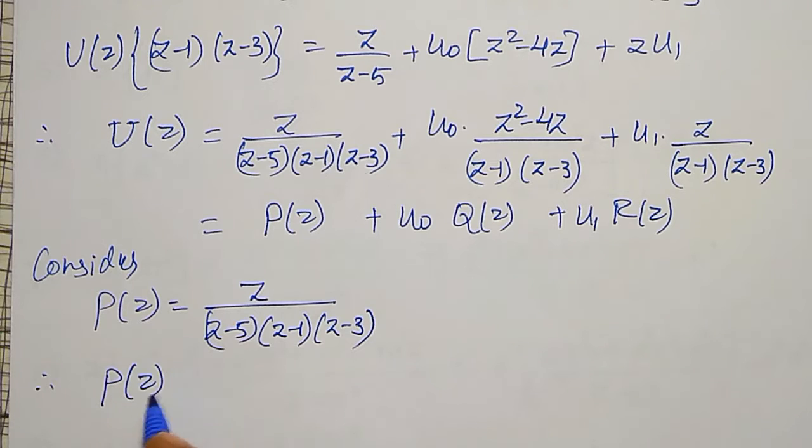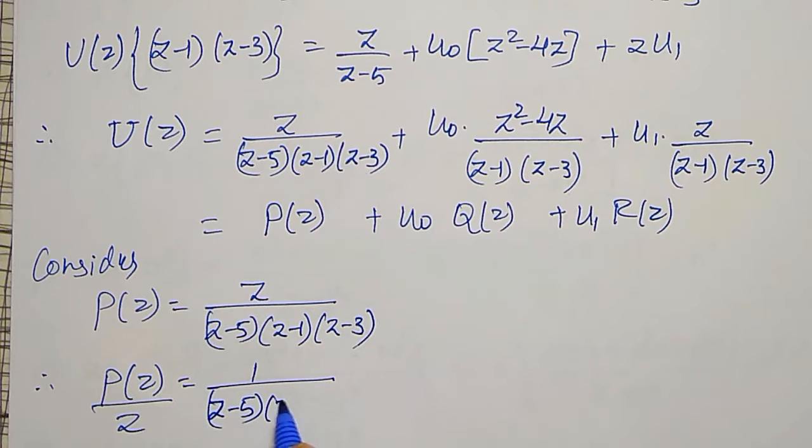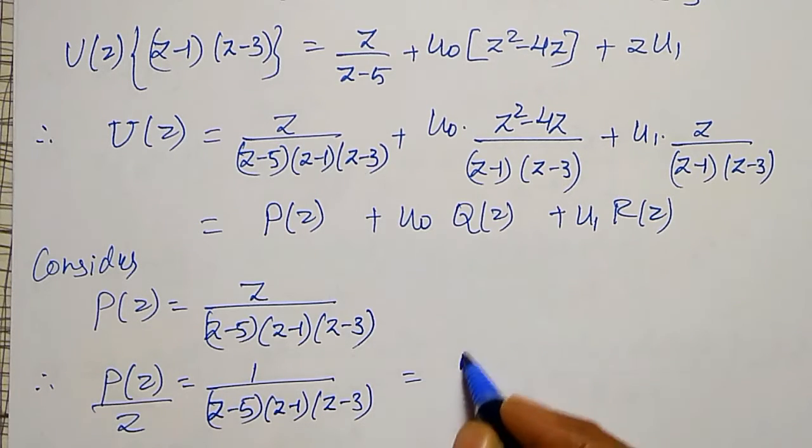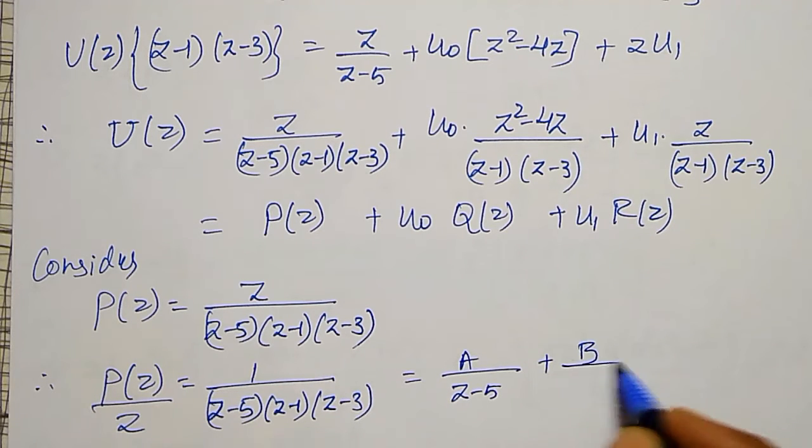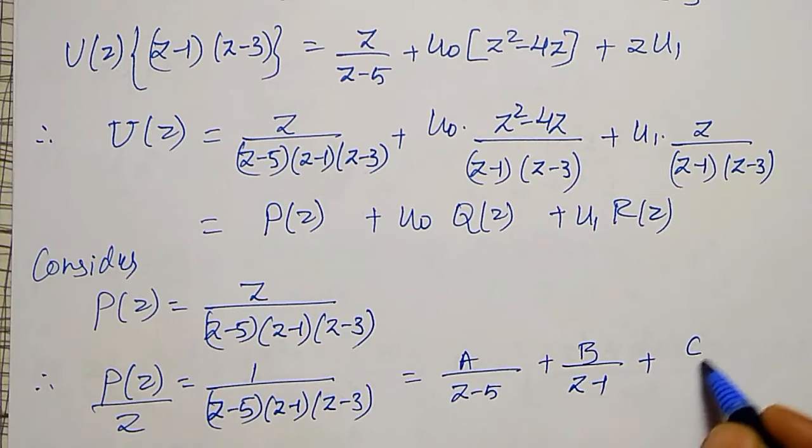Therefore, P(z) divided by z is equal to 1 divided by (z minus 5)(z minus 1)(z minus 3). And for the linear factors of this, what do I have to do? Partial fractions. That is A divided by z minus 5 plus B divided by z minus 1 plus C divided by z minus 3.